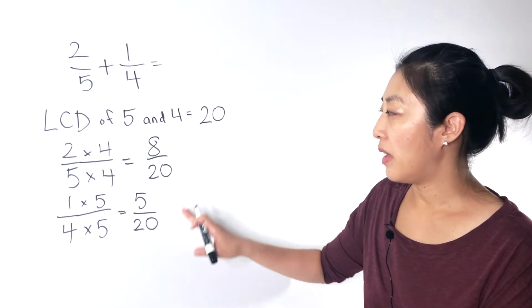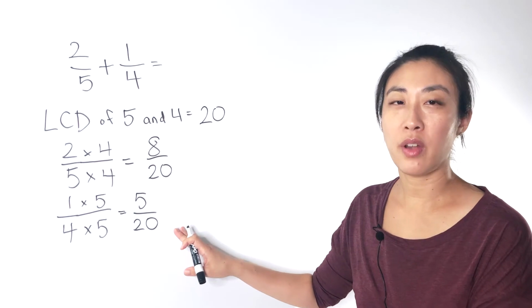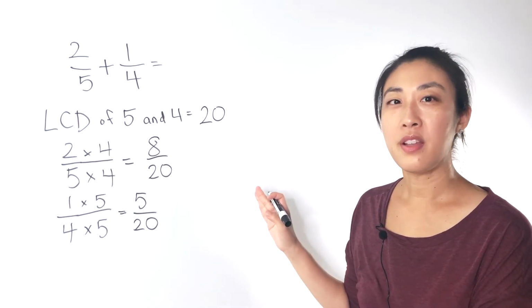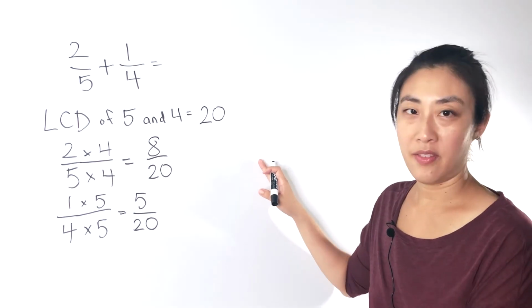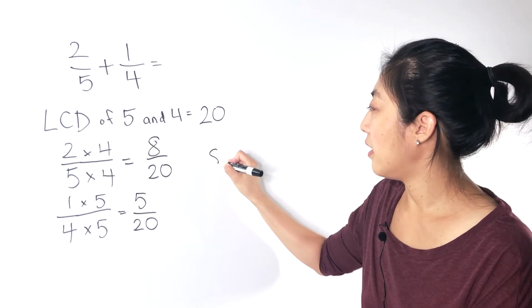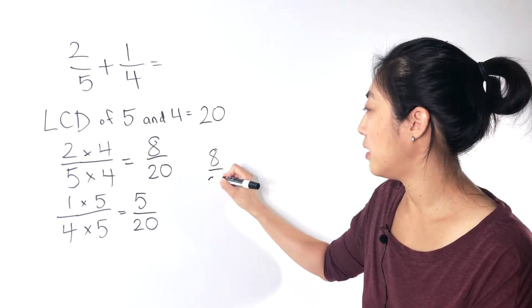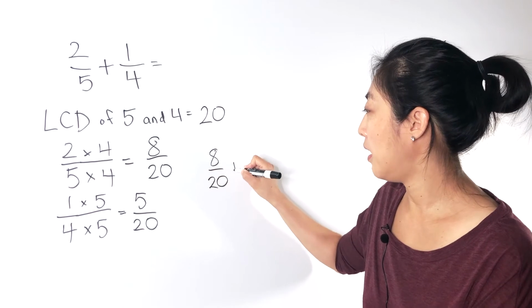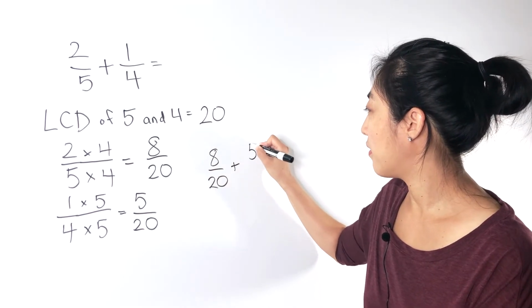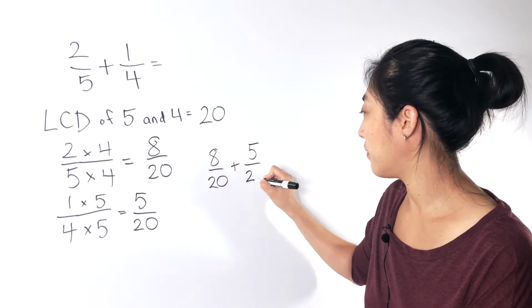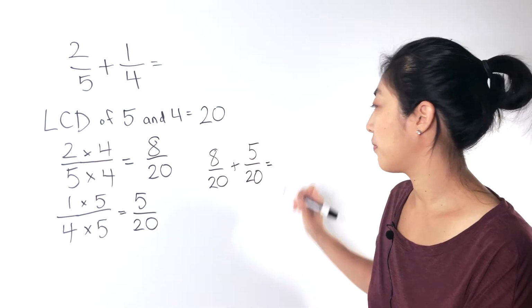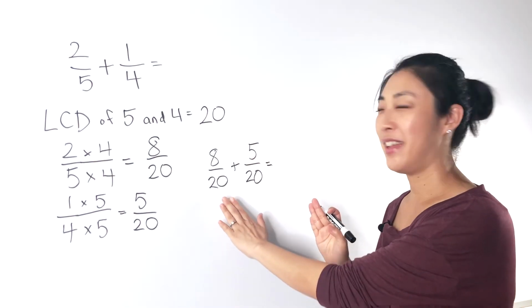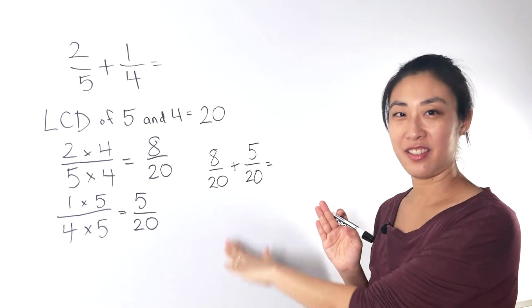Now we want to rewrite our addition problem so that we can get the value. We have 8 over 20 plus 5 over 20. You look, and now both denominators are the same.